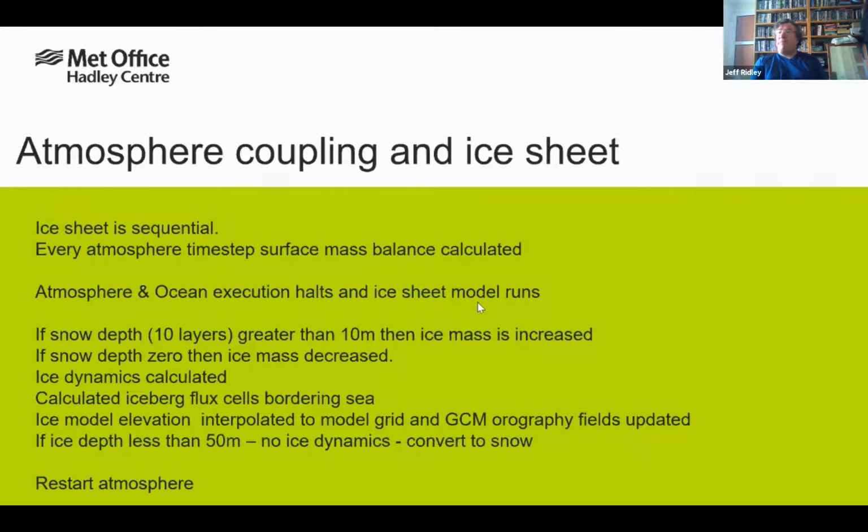You then map back the ice model elevation, which is a high resolution model, onto the model grid, which is a low resolution model, and 7 different orography fields are updated. These are standard deviation, XX and YY, linearity.